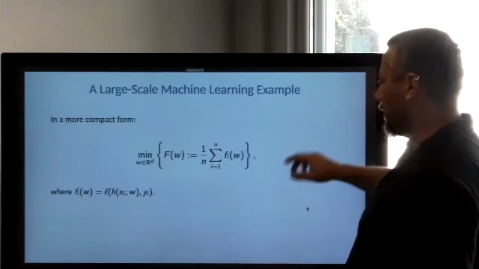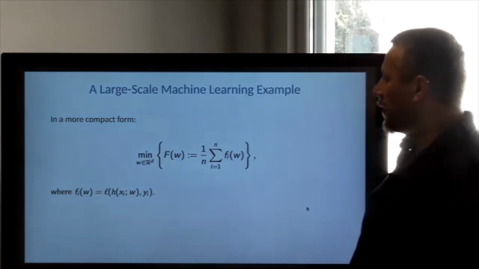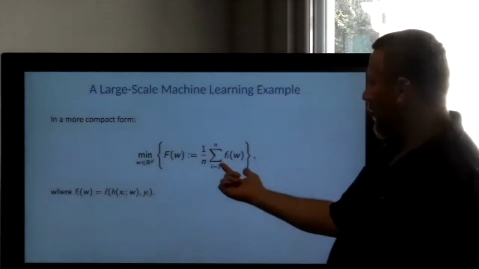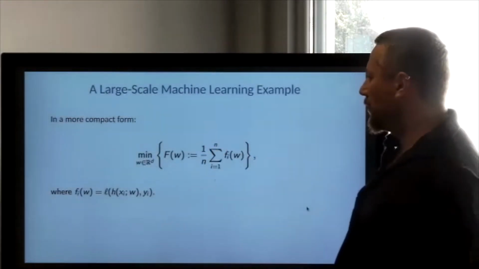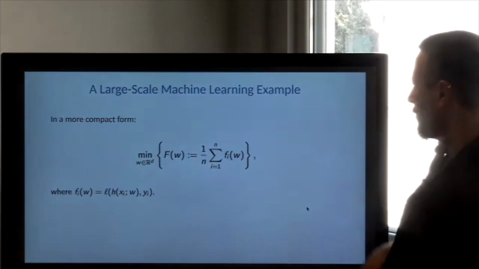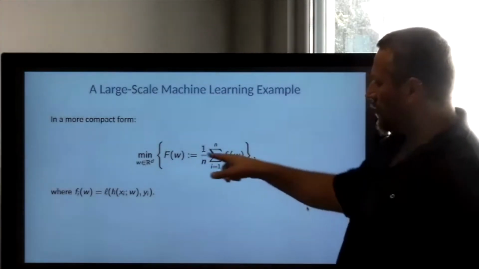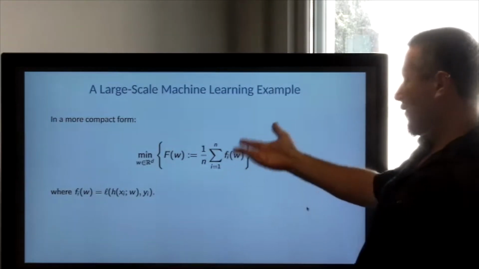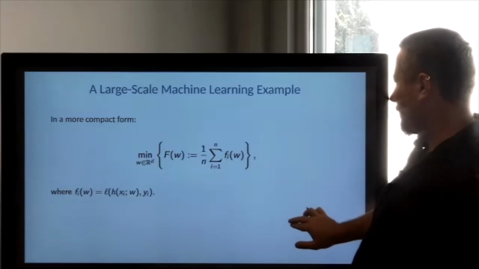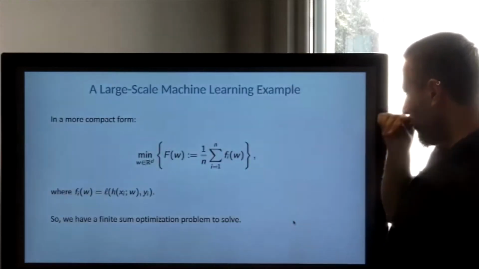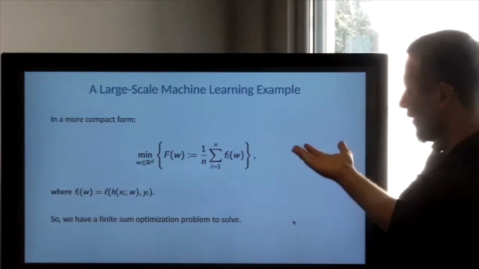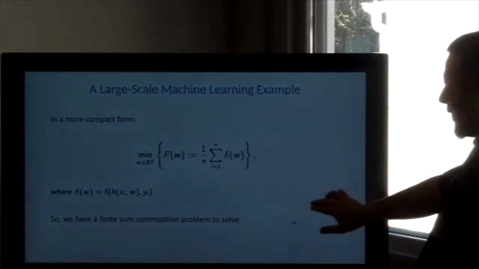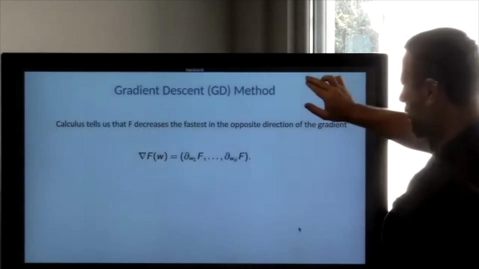So fi is just the composition of the loss function and the prediction function. I'm averaging these all, and then I'm trying to find the parameters which minimize this function. I'm going to call this average capital F of omega. And I have a sum over n because I have n many data points. So in this form, it is a finite sum optimization problem, and that's how we are going to call it.